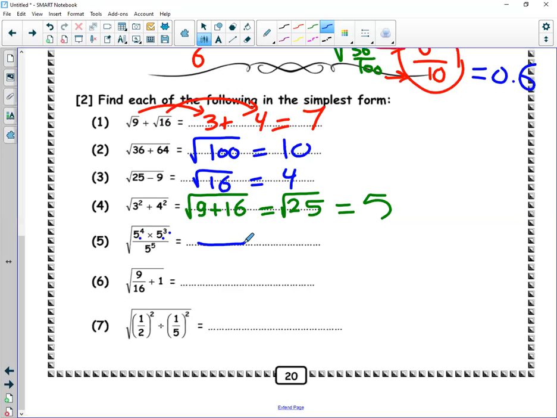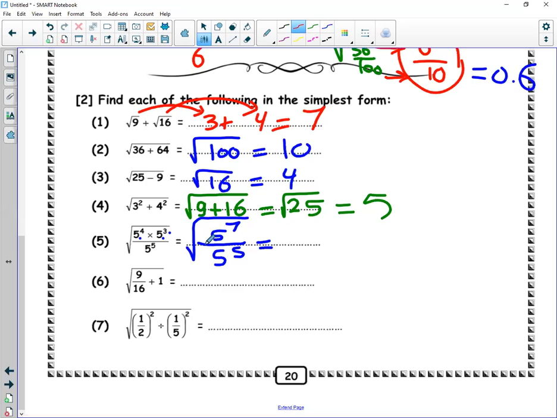It will be 5 power 7. Okay, when we multiply 5 power 4 times 5 power 3, we have the same base 5, so we add the powers. So the answer will be 5 power 7, and in the numerator it will be 5 power 5. The next step, 5 power 7 divided by 5 power 5.